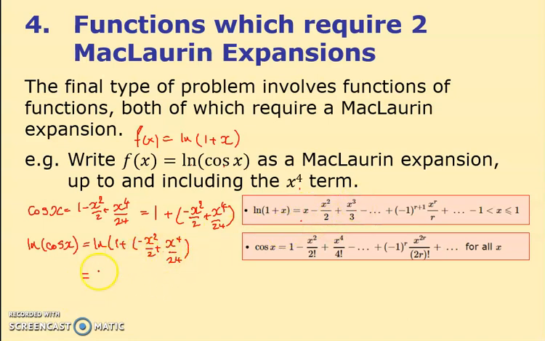So this bracket is really my x, as in what the formula thinks is my x. So it's going to become minus x squared over 2 plus x to the 4 over 24. There's my x. And I've got to write all of that squared over 2, plus the next term.